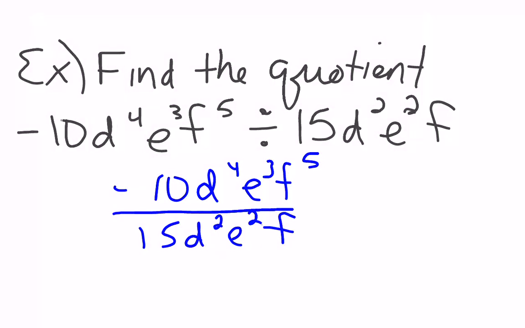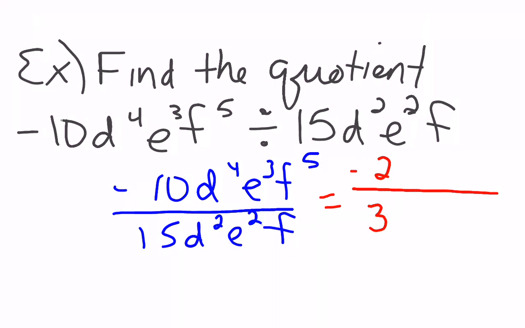So we do this in pieces. 10 divided by 15 doesn't actually divide, so we want to simplify that as much as possible. So we have to figure out what number goes into both evenly, and we know 5 goes into both. So if we divide negative 10 by 5, we get negative 2, and 15 divided by 5, we get a 3.